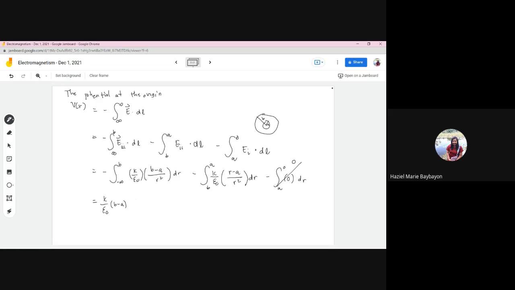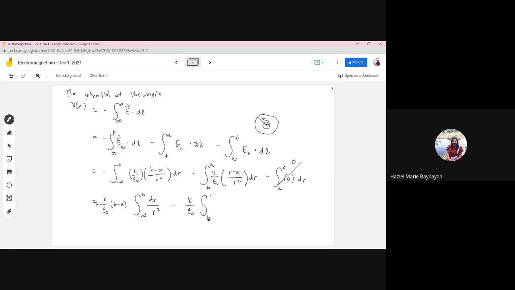So, we have integral of dr over r squared from negative infinity to b minus K over epsilon naught lang ato ang mapagawas, no? Since sa numerator kay r.